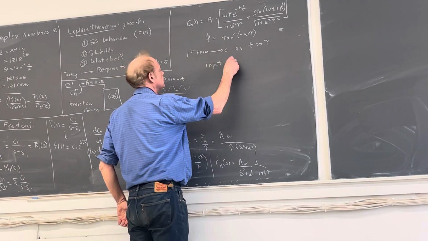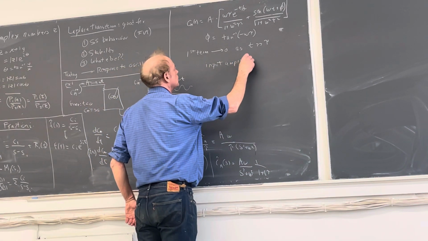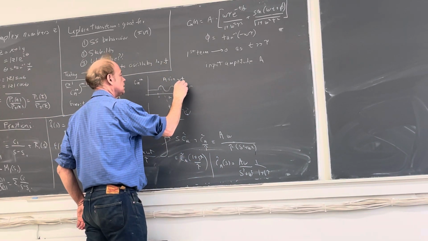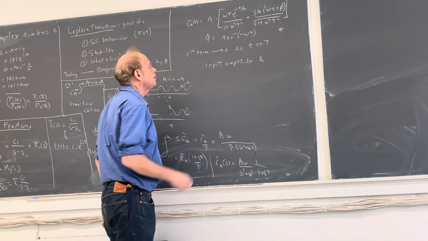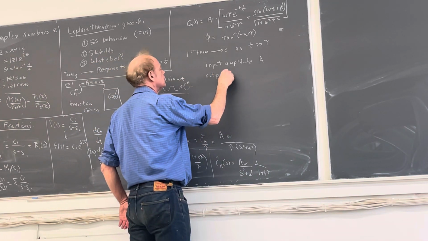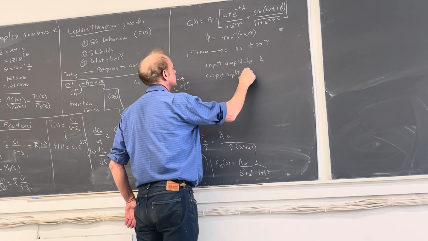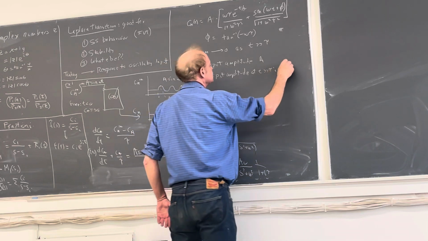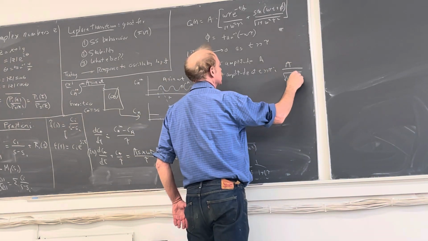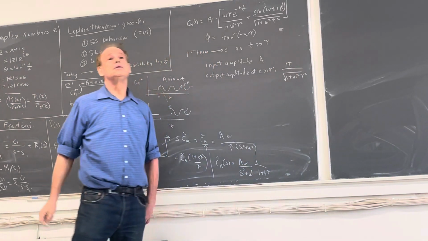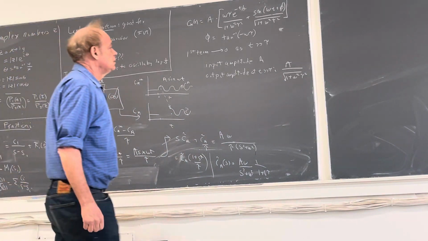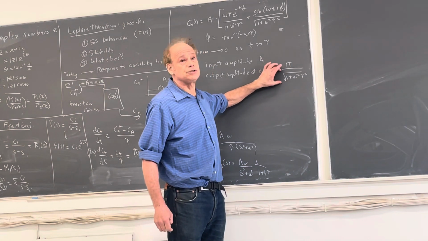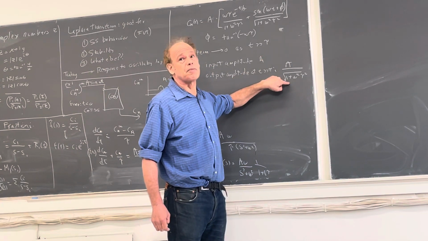Input amplitude was A. The output amplitude at t much greater than tau is A over the square root of 1 plus omega squared tau squared. So notice omega and tau are both positive quantities, so the output amplitude is A divided by a number bigger than 1.